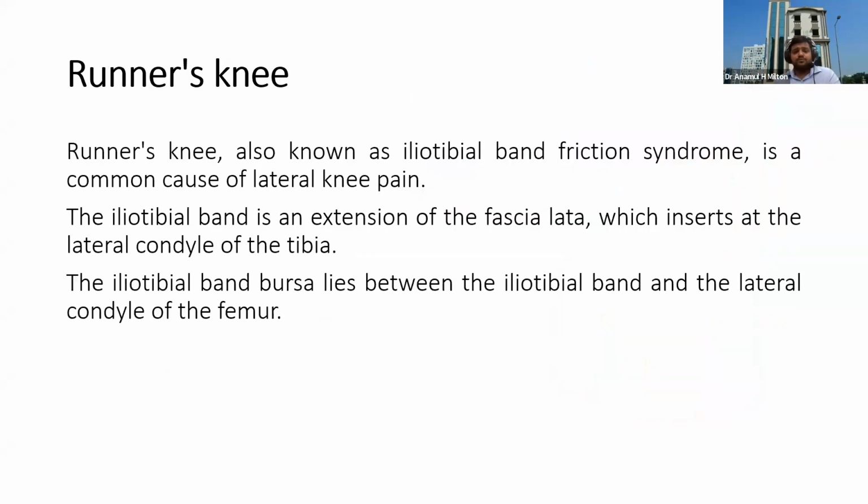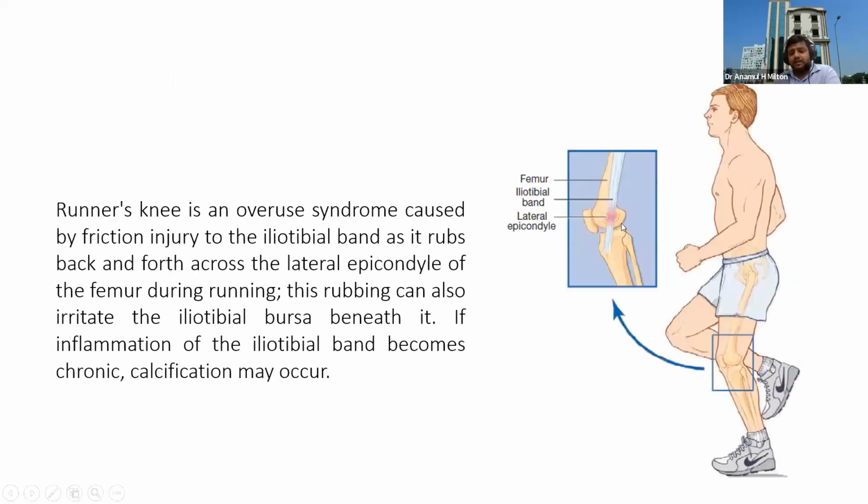Then another thing is called runner's knee. This is friction of the iliotibial band with the lateral knee, especially the lateral femoral condyle. Here the lateral femoral condyle bulges, and this is the iliotibial band. When there is friction, it causes the symptoms of iliotibial band syndrome, or runner's knee.